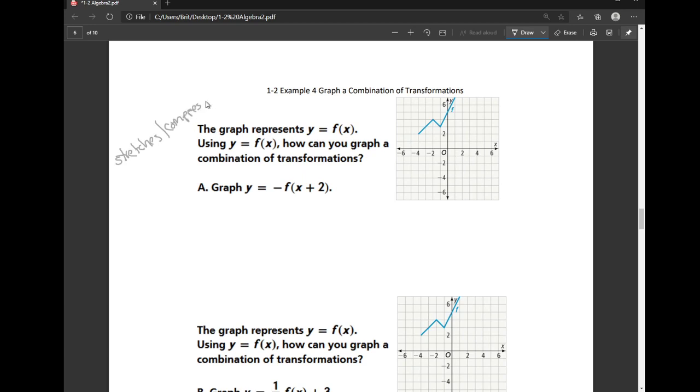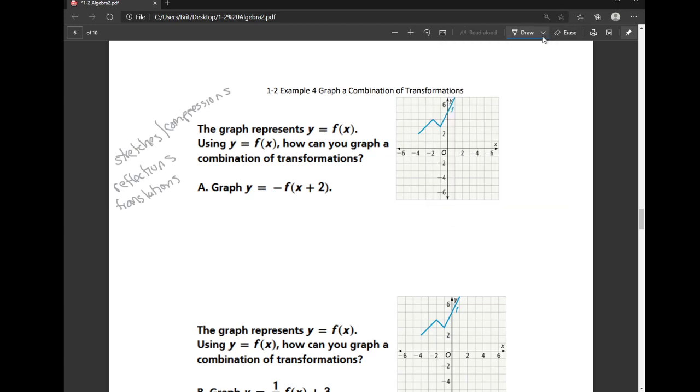Then you need to do any reflections. And then you need to do the translations last. Okay, if you do it out of order, then your graph isn't going to show up right. It'll put your graph in the wrong position.